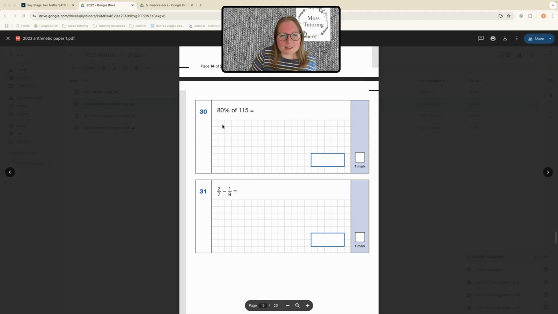So let's find 10%. 10% equals, we're going to divide this number by 10. So imagine we've got our decimal point here. I'm going to make that 11.5. So that's 10%. So you can either times this by 8, or I'm going to just times it by 2 to find 20%.